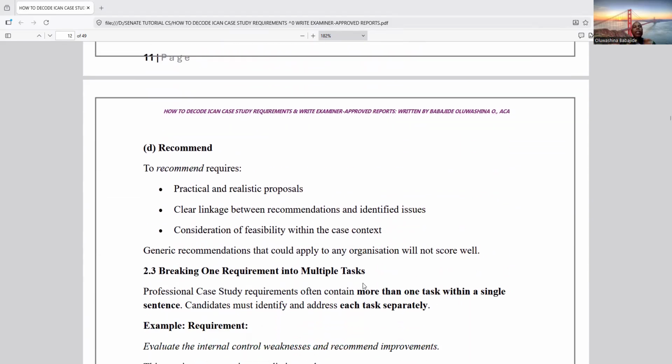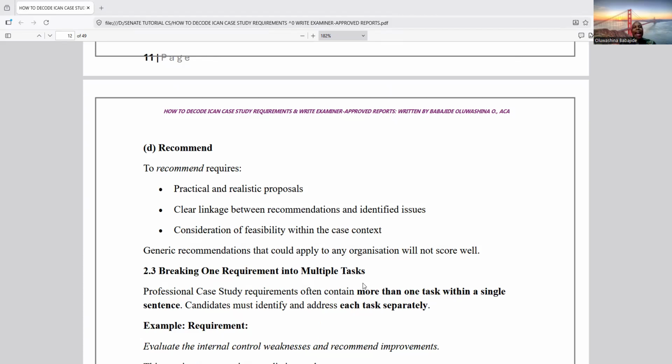Then, when you see recommend, what does it mean? To recommend requires practical and realistic proposals. They are telling you, tell us practical things in that industry in a real-life scenario. That is what it means.